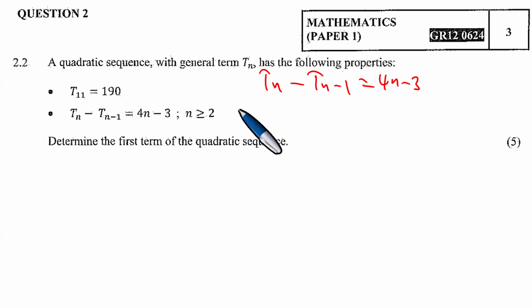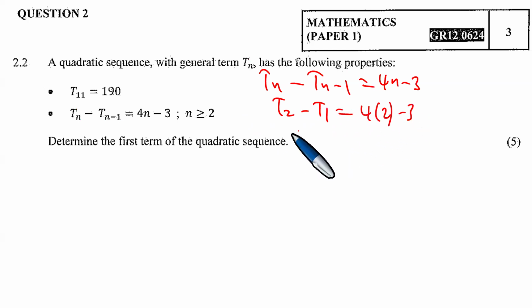Which means we're able to get T2, which is 4 times 2 minus 3, that is 8 minus 3, giving us 5. If this is the case, what does this mean?